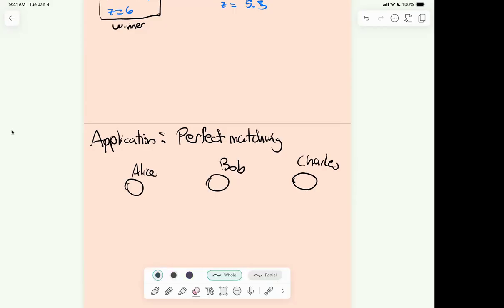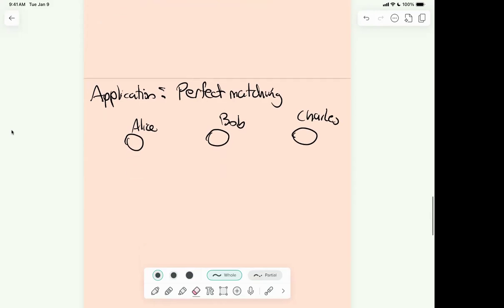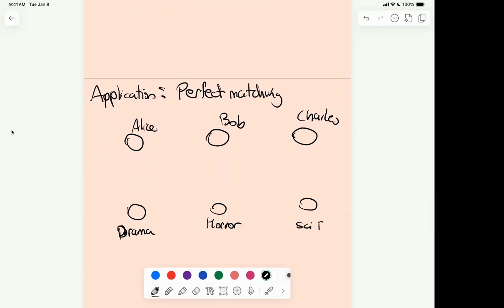But just to make it more concrete, imagine you have three types of movies that you could sell to them, of different genres. Like a drama movie, a horror movie, and a sci-fi movie. So it's important here that there are two types of things and the same number of each category.